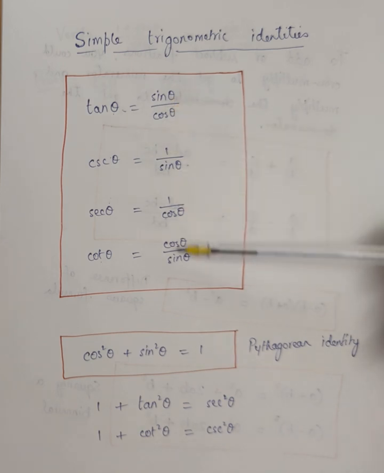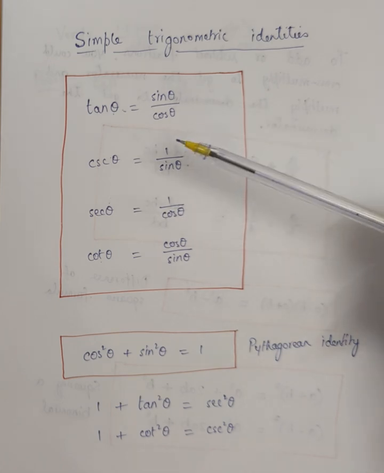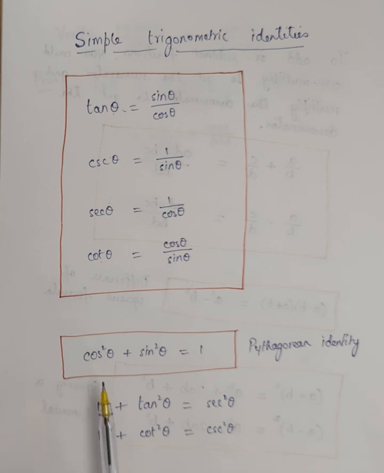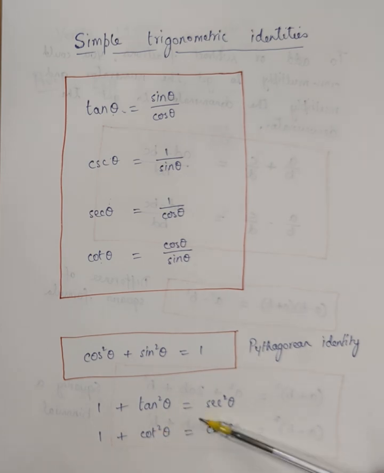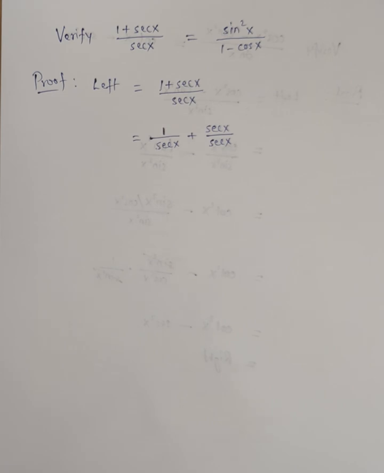So if you look at the right side, it has just sine or cosine. And then once we write that, we also want to know if there is a relationship between sine and cosine. And they are related by the Pythagorean identity, cos square plus sine square equals 1. And then there are two more Pythagorean identities. If you know them, that's great. If not, at least know this one.